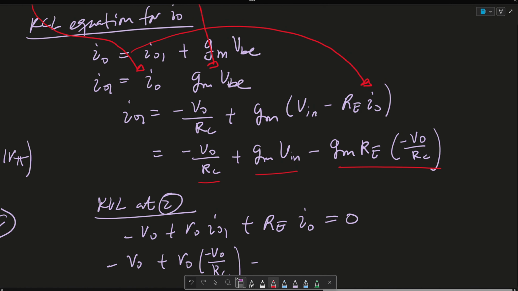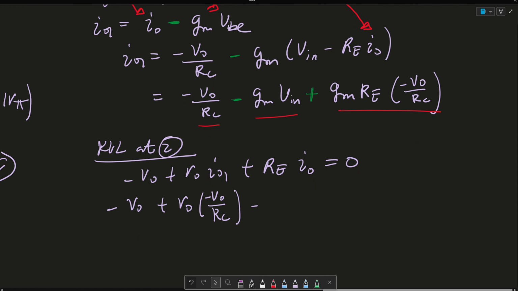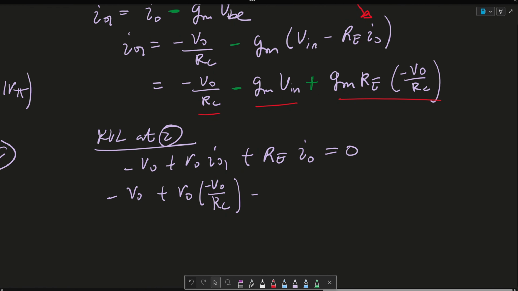In this IO1, there should be a minus sign here because I'm subtracting GM VBE. As a result of that, there should be a minus sign here, and then this switches to a minus and a plus. Okay, I hope that makes sense.